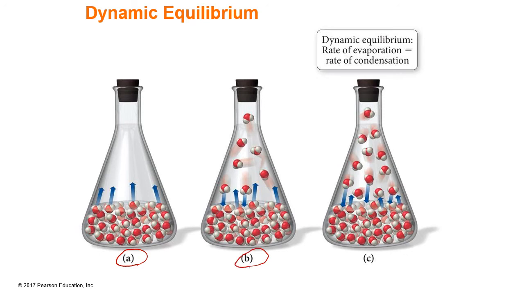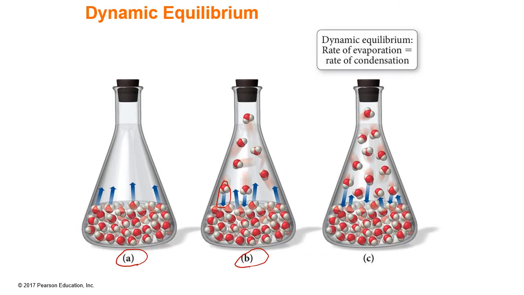In flask B, some of the molecules are evaporating, becoming vapor, and some of them are losing energy and recondensing, turning back into the liquid through condensation.